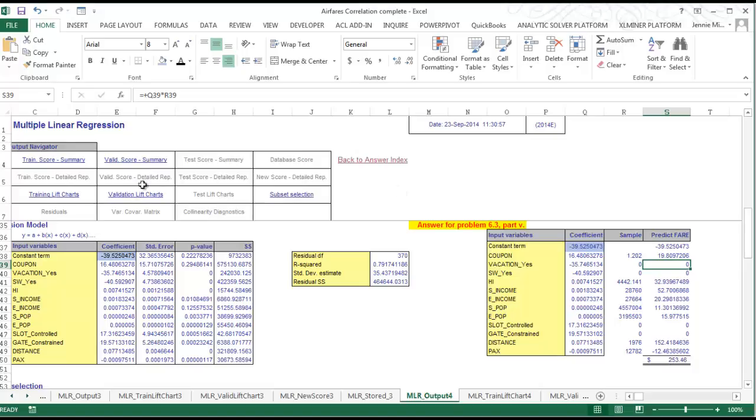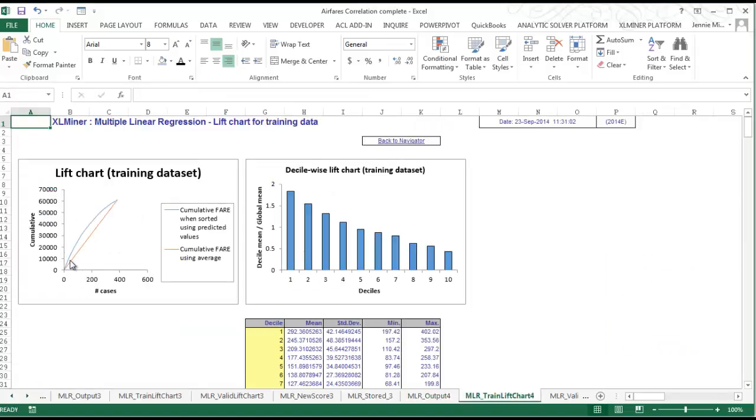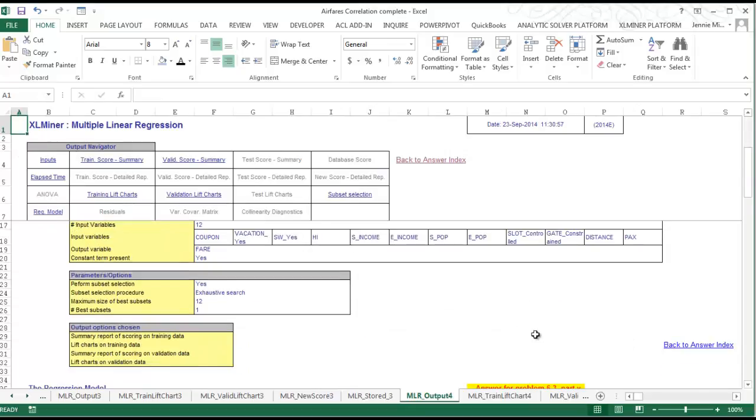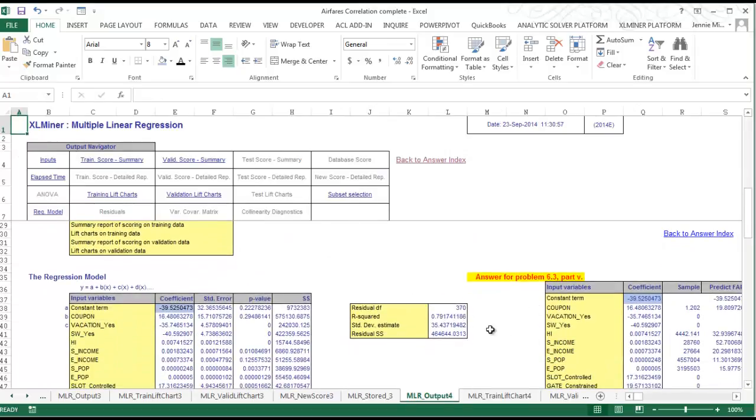But again, if you go back and look at this lift chart, you can see that the predicted values here in the blue are not that far from the cumulative error using the average. So really, this is a pretty good predictor that we have there, and that is a good R squared.